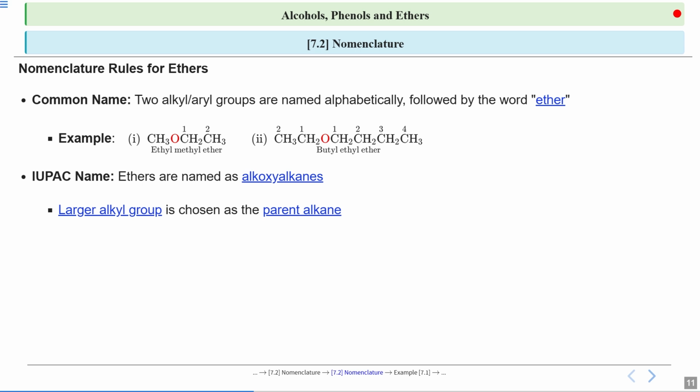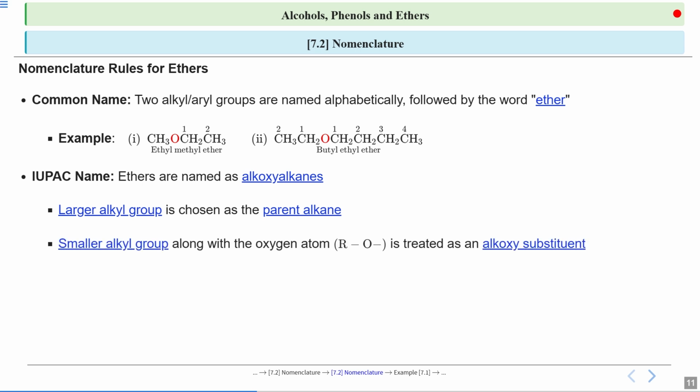If one alkyl group has a larger number of carbons than the other, that larger alkyl group is chosen as the parent alkane. Then the smaller alkyl group along with the oxygen atom, RO, is treated as an alkoxy substituent. That's why we say that ethers are named as alkoxyalkanes.